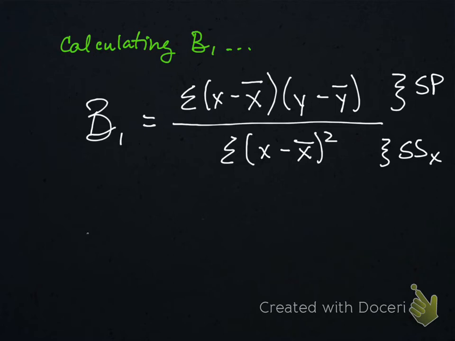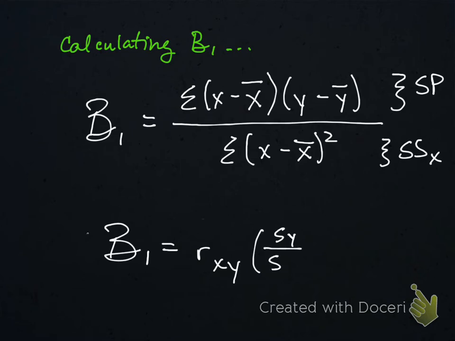If you already calculated the Pearson's R correlation, then this slope parameter is also equal to that correlation times the standard deviation for the response variable divided by the standard deviation for the predictor variable. This equation is equivalent to the one above that uses the sum of cross products and the sum of squares for x, or the predictor. So that's our first step, to calculate that slope.